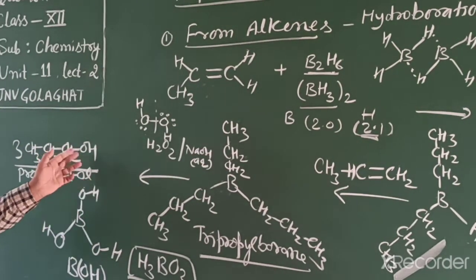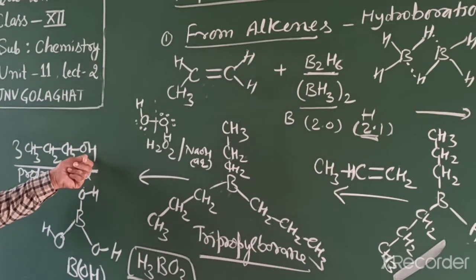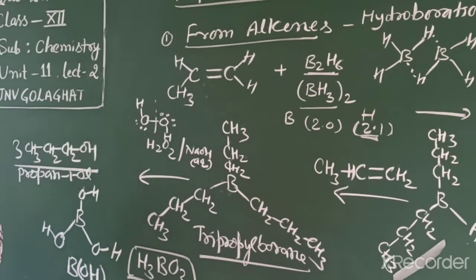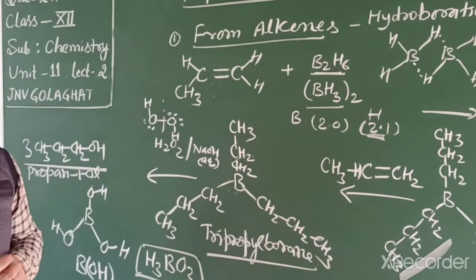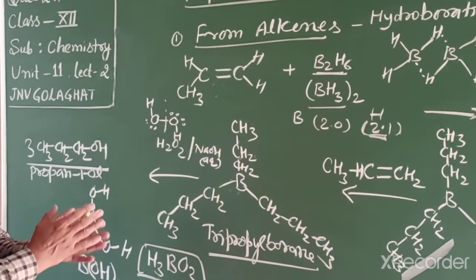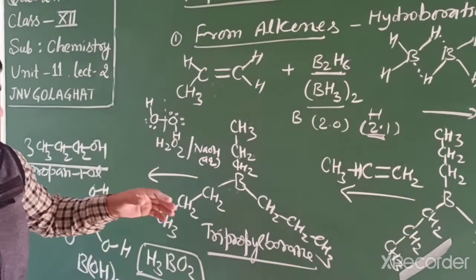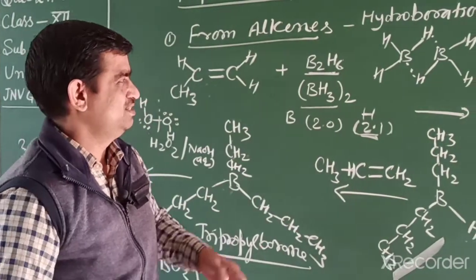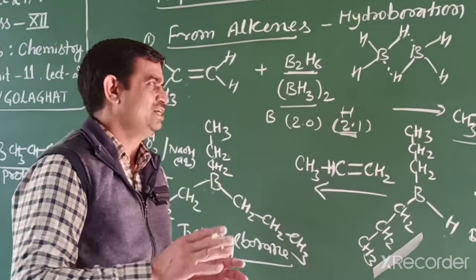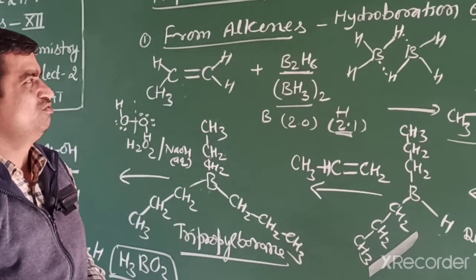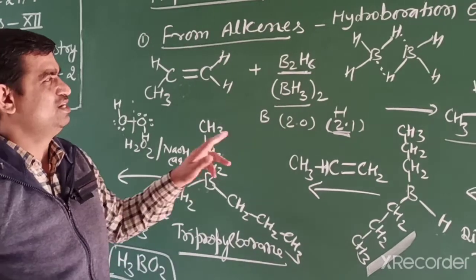After oxidation we get 1-ol, OH attached to the first carbon. And this is a very important method of preparation, and we get a very good yield of this product. So this reaction is very important in conversion, students. When you want an OH group at the first carbon, or according to anti-Markovnikov addition, that is known as hydroboration oxidation.